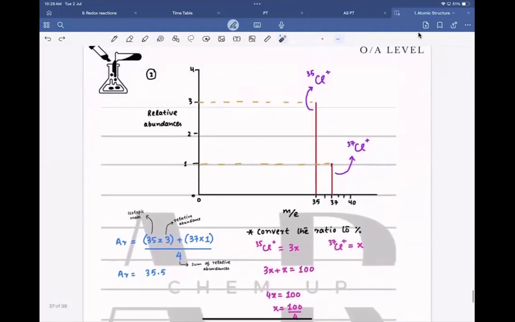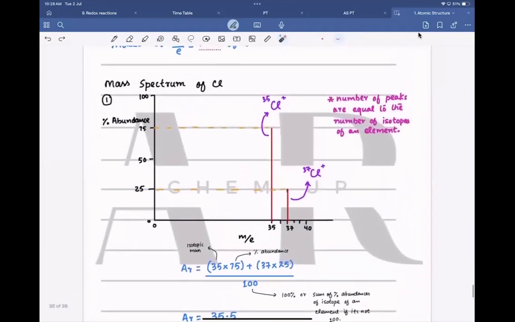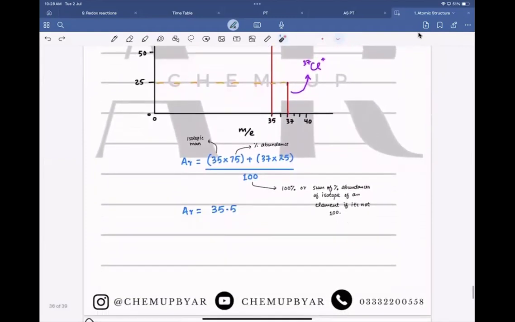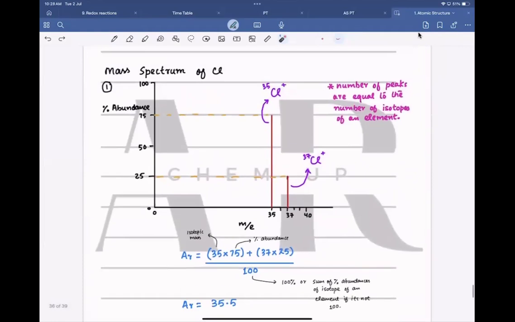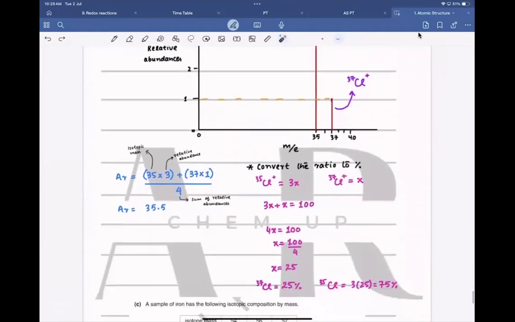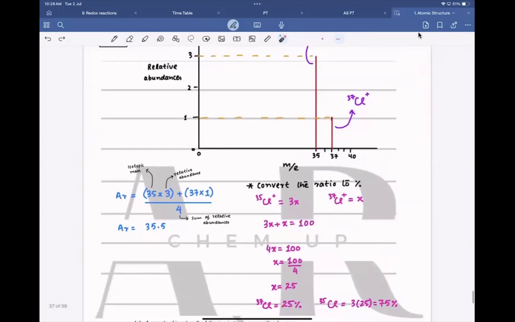Yes. And sometimes what does the examiner do? The examiner provides you this and asks you to show the ratio or the relative abundance from the percentage abundances. So we will calculate it this way. Or from this, they ask you to calculate the percentage abundance. So we will do this: it's 3 and it's 1. So we assume it's 3x and we assume x.